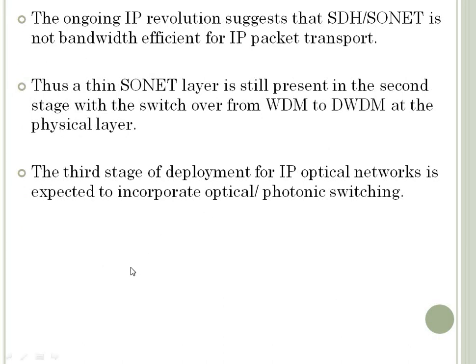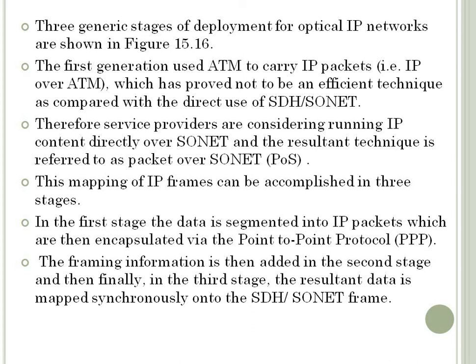SDH SONET is not bandwidth efficient for IP packet transport. Why? Because it uses synchronous time division multiplexing, where each time slot must be occupied, otherwise there is a waste of capacity when there is no data traffic flowing on specific channel bandwidth.